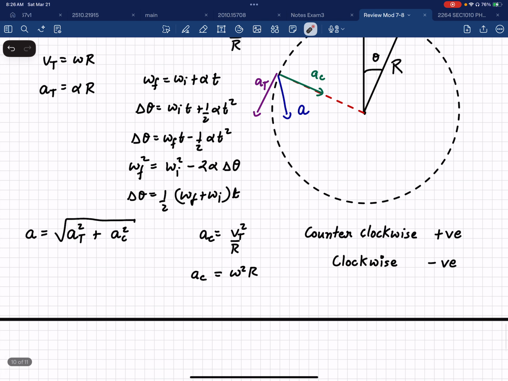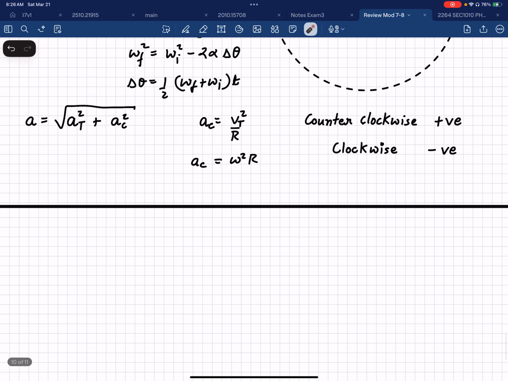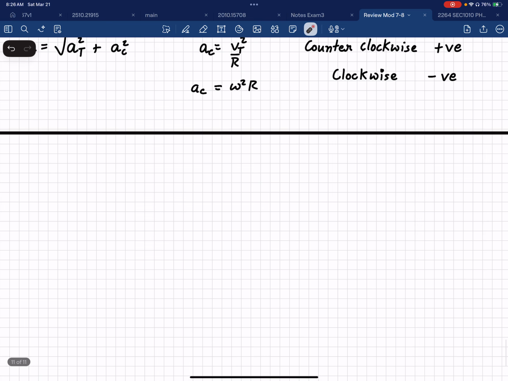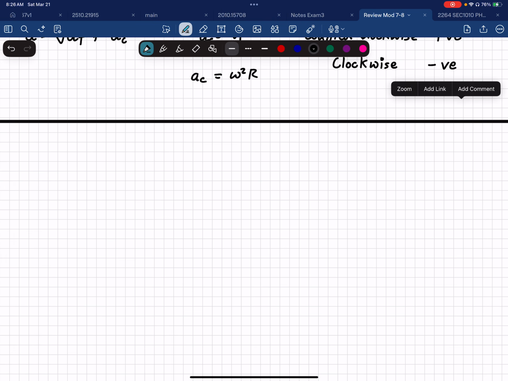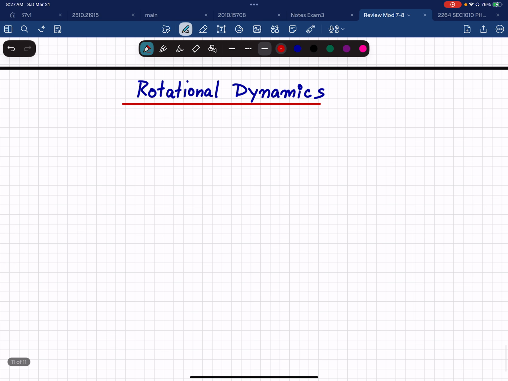Okay, good. Now, moving forward from the rotational kinematics, we enter into the concept of rotational dynamics. Okay, now for rotational dynamics, let's try to understand what this is.